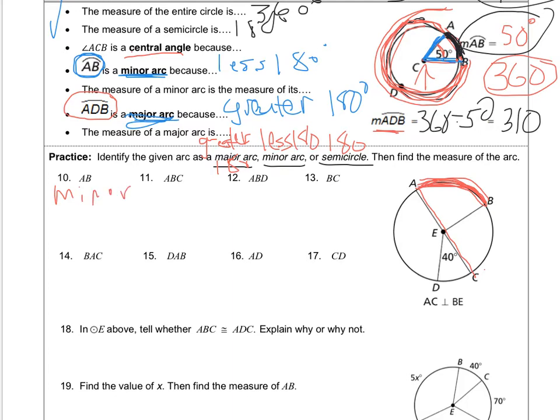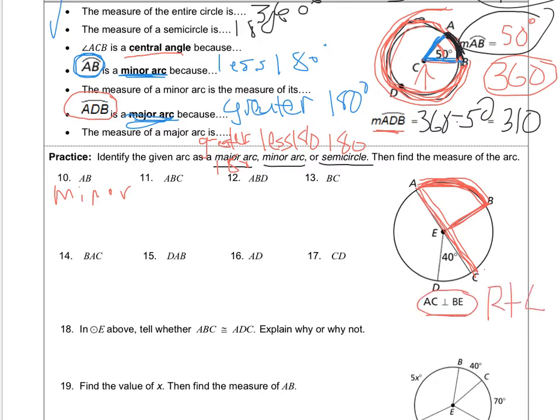And so now we need to figure out, what is this degree measure? Well, they do give you a little piece of information here. They tell you that AC is perpendicular to BE. What does that mean? Here's AC, this red line going across the diameter, and it's perpendicular to EB, this radius right here. What happens when we know something is perpendicular?